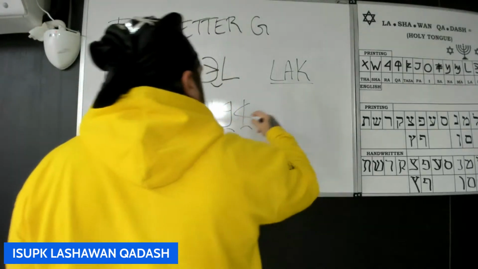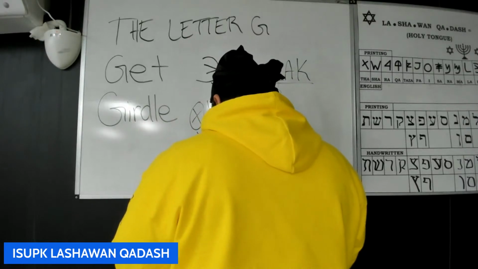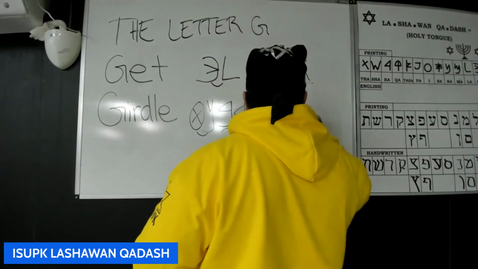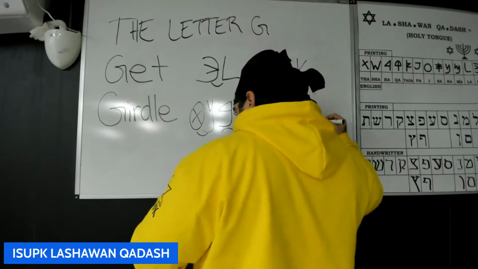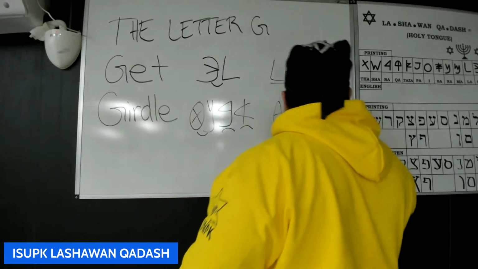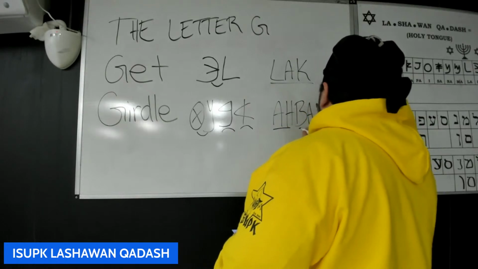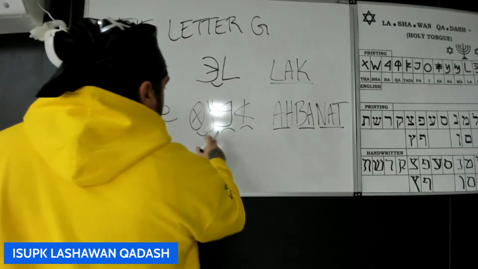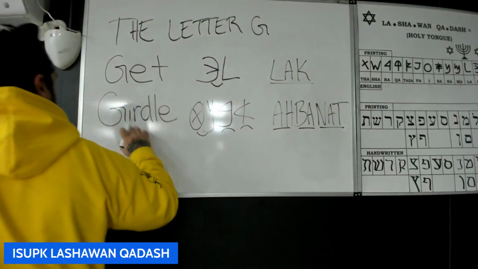So I'm gonna write exactly how it's pronounced in the ancient. Ba not. Ba not. And that word is girdle.